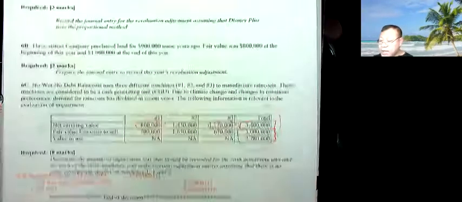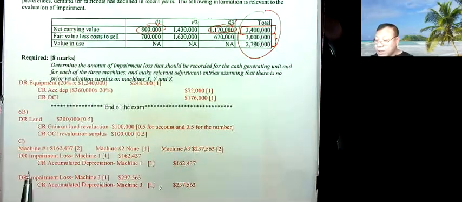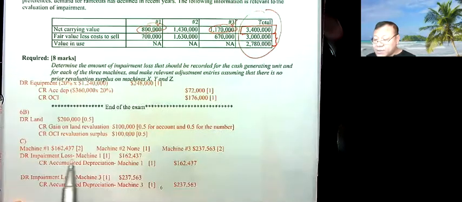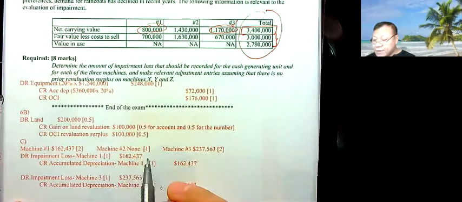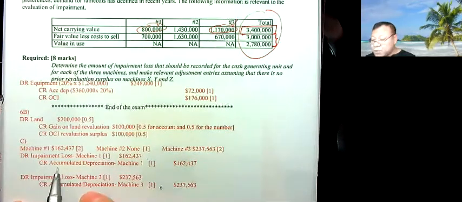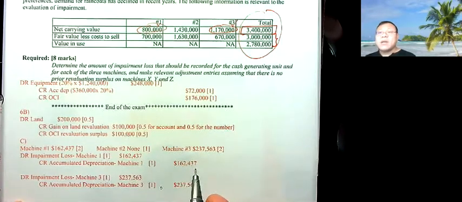So if you take a look at my entry here, I recognize my impairment. You debit impairment loss from machine 1, 162,437, and you credit cumulative depreciation for 162,437.